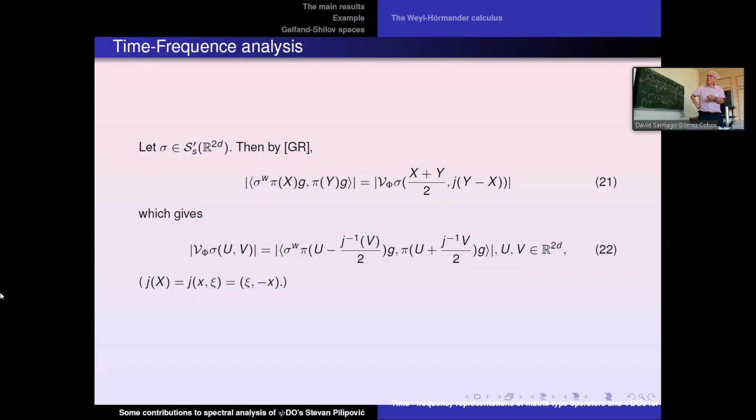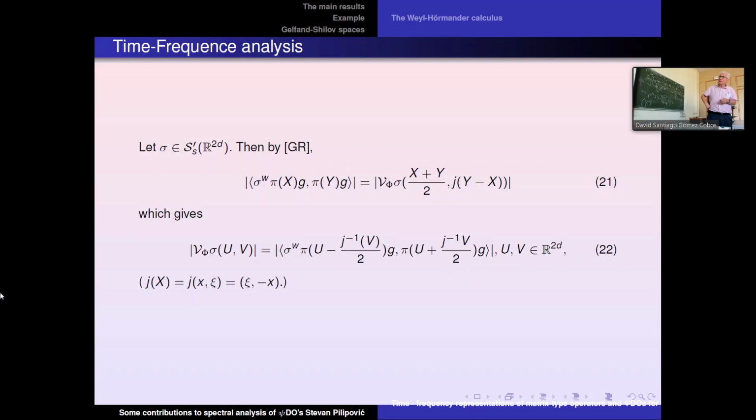So there is a relation which we like very much. Actually, this is the basic relation between Weyl quantization and the short-time Fourier transform. And you see that here we use this V on the 2d-dimensional version.